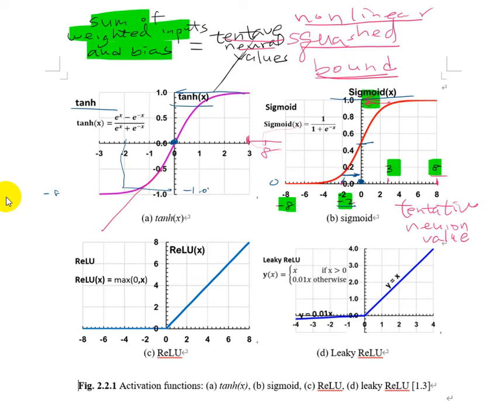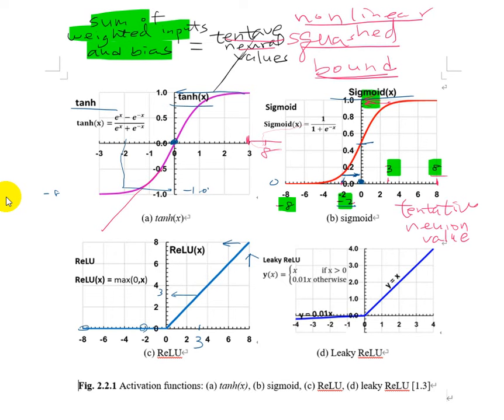If you take a look at ReLU for 8, you get 8. For 3, you get 3, because they are linear in the positive region, where the tentative neuron value or sum of weighted input and bias is positive. For -2 and -8, ReLU gives you 0.